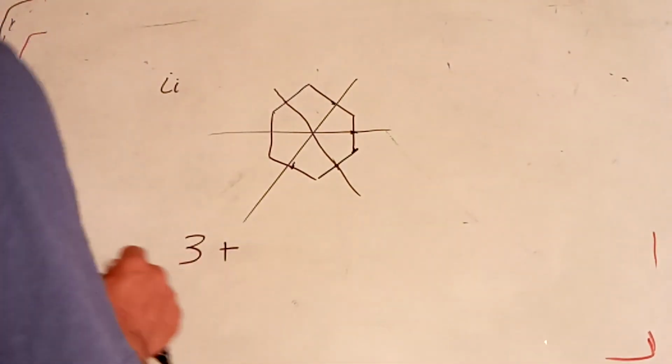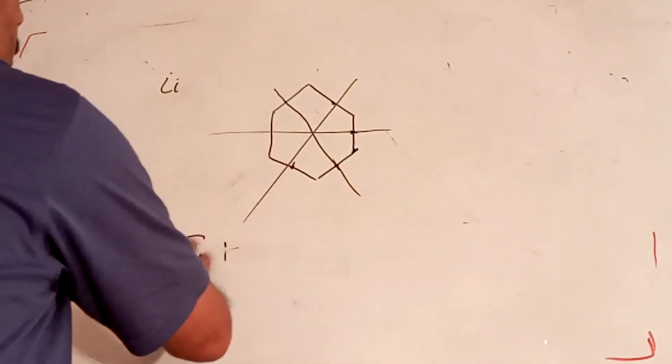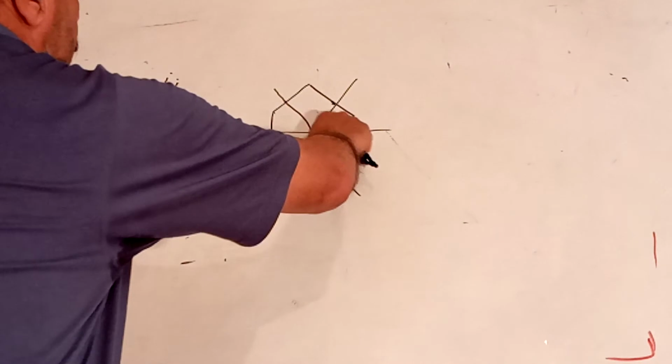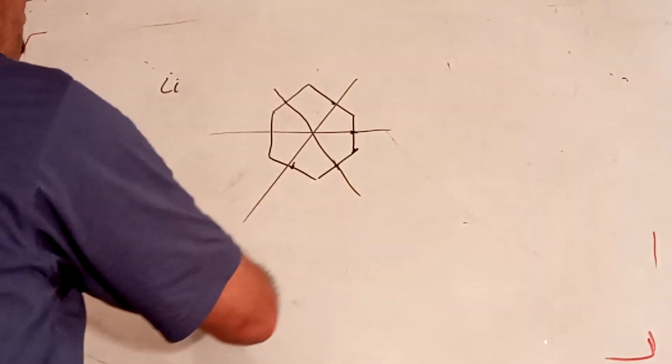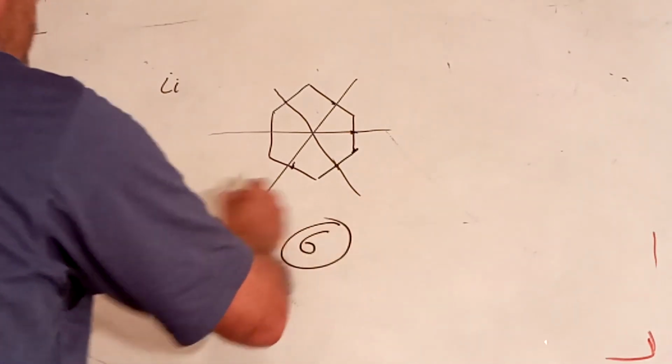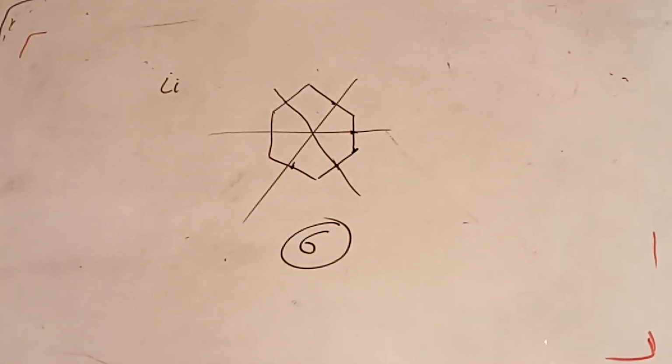So it has 6. You can look at it another way. This is 1, 2, 3, 4, 5, 6. Each one is a line of symmetry. So it has 6 lines of symmetry.